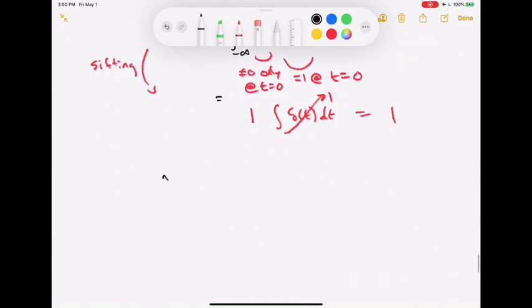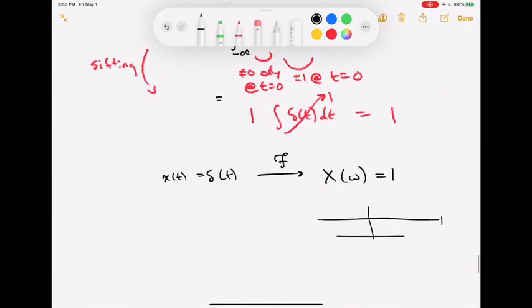So if I have a time domain signal x of t equaling delta of t, and I do a Fourier transform on that, I get its spectrum X of omega being equal to 1. What does that look like? As a function of frequency, there is constant content from DC all the way out to infinity.